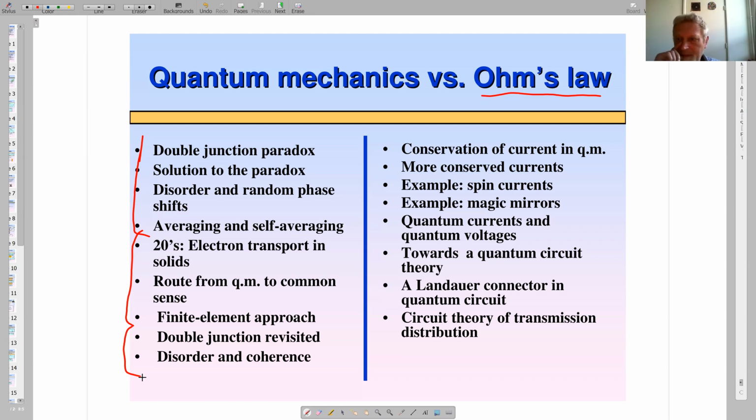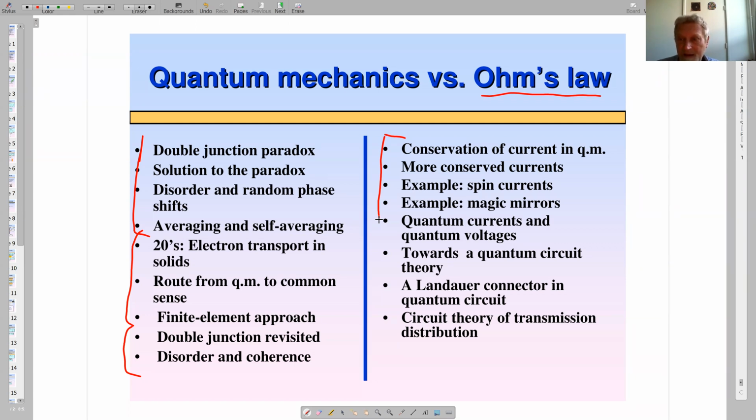Then I will depart to very advanced direction. First, we learned that in quantum mechanics, one can make more conservation laws than in classical mechanics. That sounds strange. There must be correspondence principle, but this is a fact. We will look at these examples of such extra currents, matrix currents, which can be conserved.